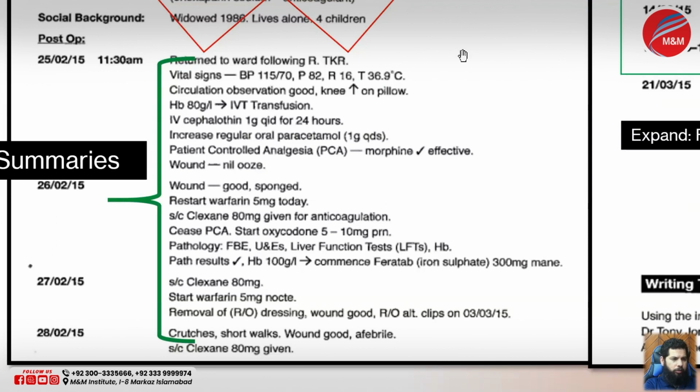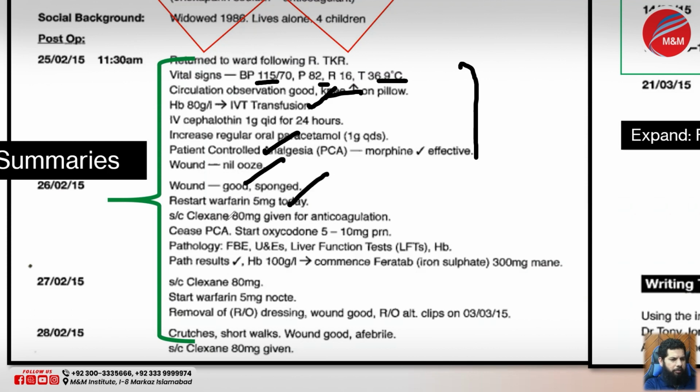So when we read these case notes, here you can see the vitals, the BP, the pulse rate, temperature; circulation was normal, and increase on the pillow. This is an eventful thing, the blood transfusion, and then we have some medications. In general, there is analgesia for the pain, and then we can see that the wound is improving.